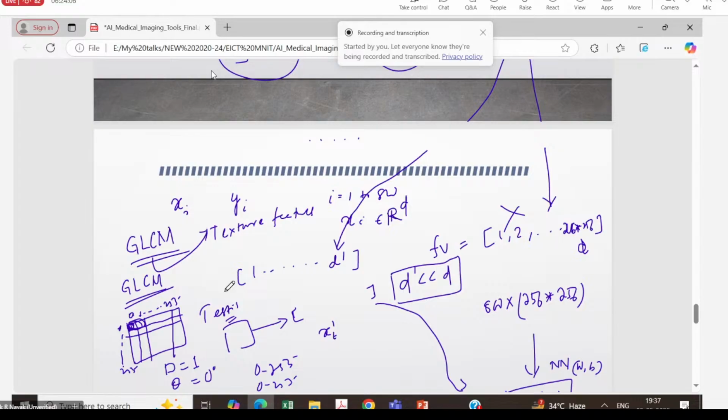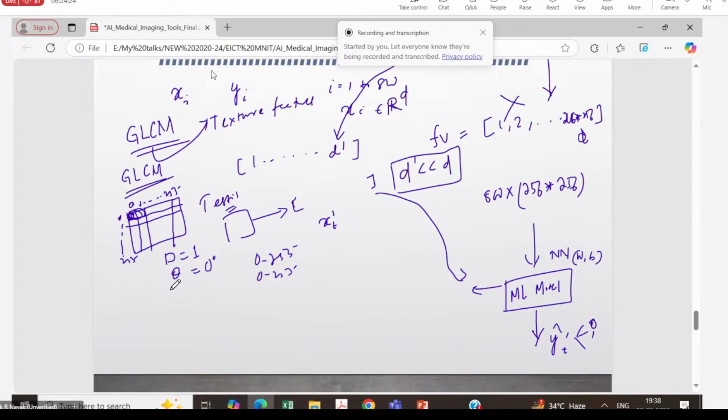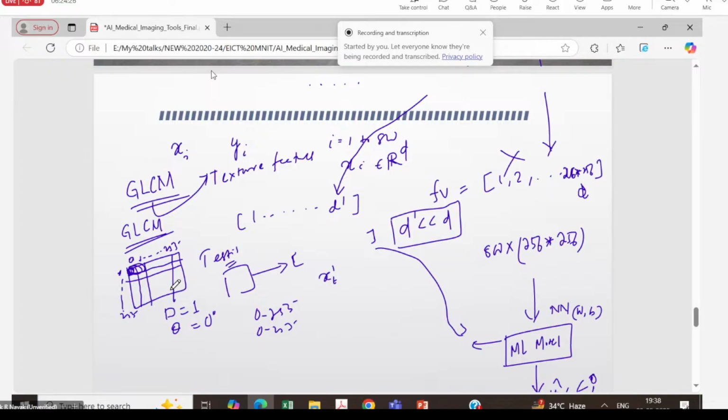I also mentioned in my last class that we cannot directly consider these values as feature values. So we have to consider the numeric values which can be computed from this matrix. And there are 14 numerical features Professor Haralick has proposed, and I have shown you that paper also, right?